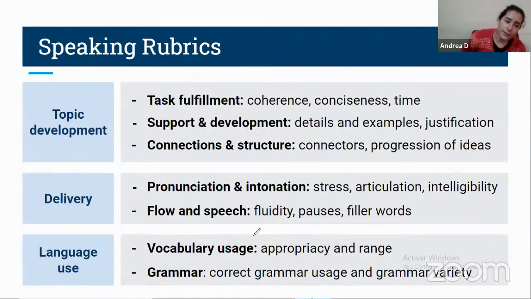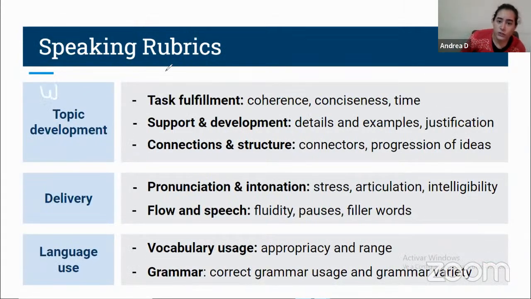Topic development basically refers to what you're saying. And this is what Lucia was saying, to how coherent what you're saying is, whether it makes sense, if it's logical, if you're actually answering the question that they're asking. So this is about the content of your response. How you manage your time as well, how explained and how well supported it is.